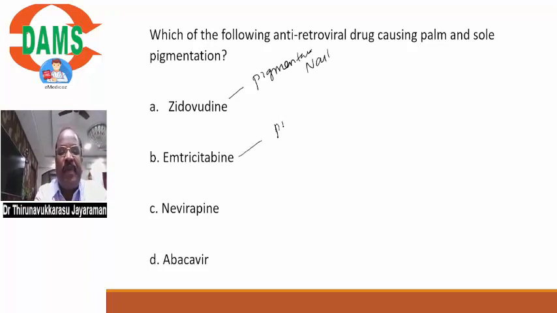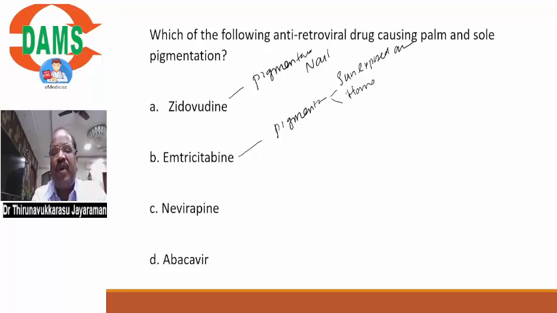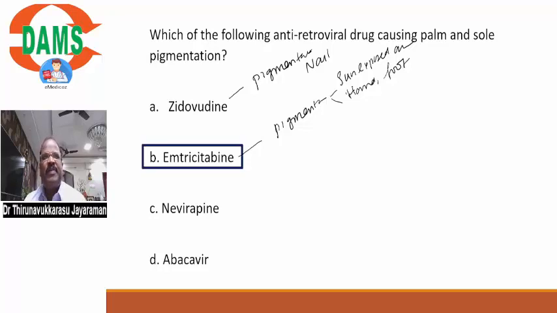Emtricitabine causes pigmentation of sun-exposed areas like the hand and the foot. Pigmentation of nail means we can go for zidovudine. They're asking palm and sole, so the better choice is emtricitabine.